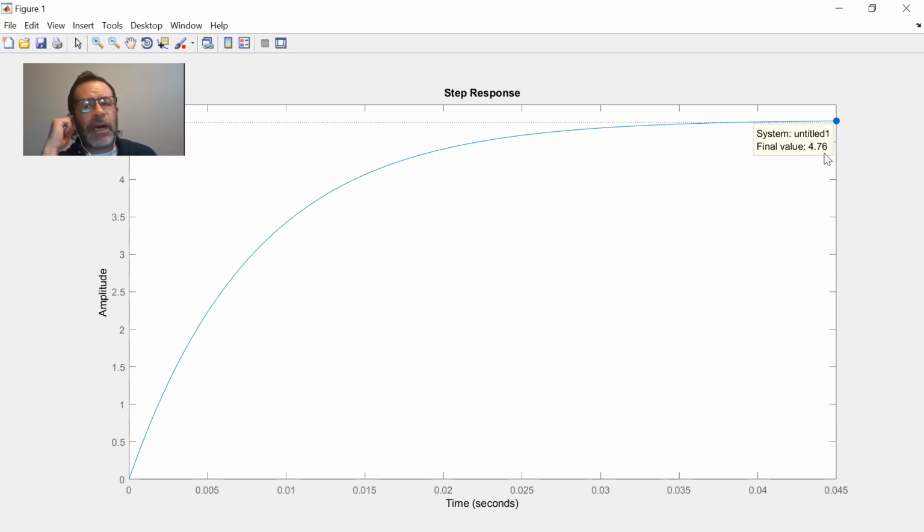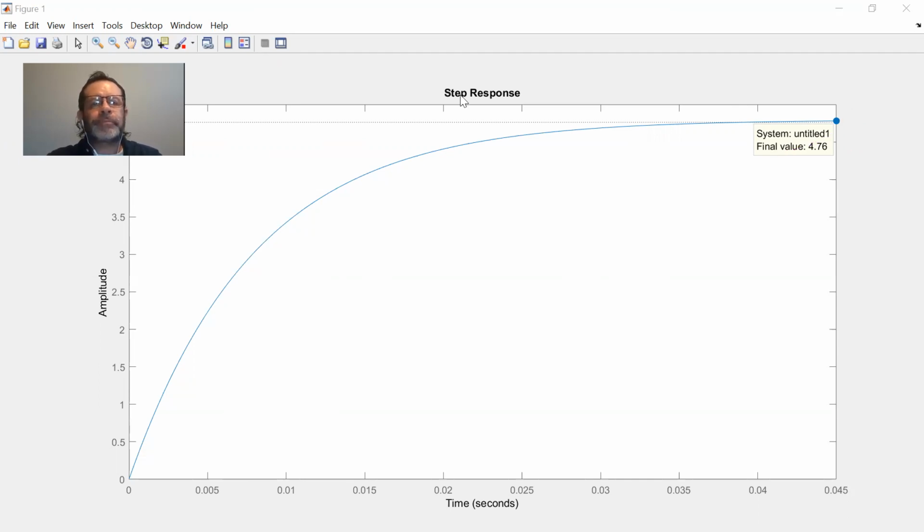That means that I've got an error there, a slight error of 0.24. Now, is that relevant or not? Is that acceptable or not? Well, that's going to depend on the system characteristics. But the thing here is that I've got an error. Now, as we're going to see, there's ways in which we can eliminate this error and have the final value be exactly the one we want. And we're going to see that in a bit.